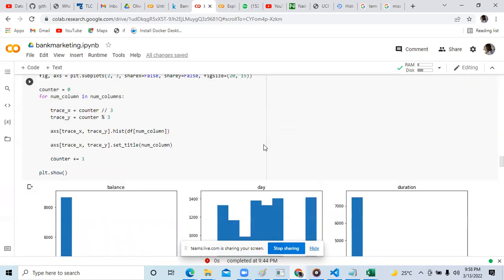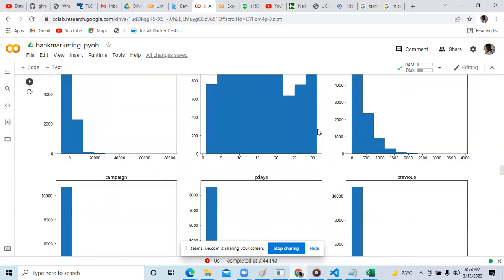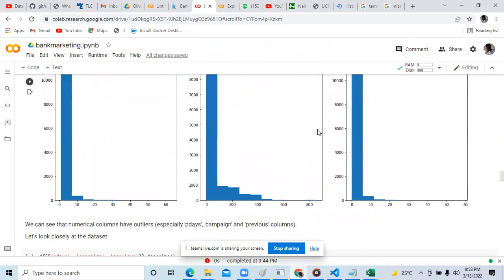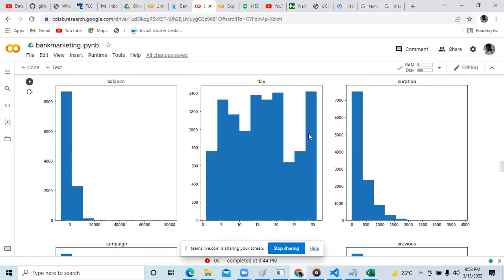Let's explore our numerical variables now. What can you see? What do you notice in these numerical variables? The distance between some of them is too much. Okay, what else?